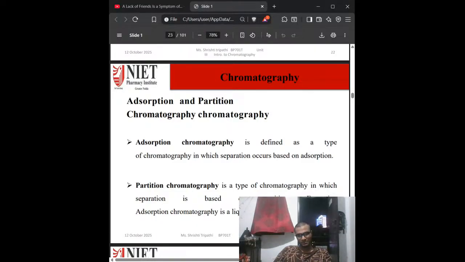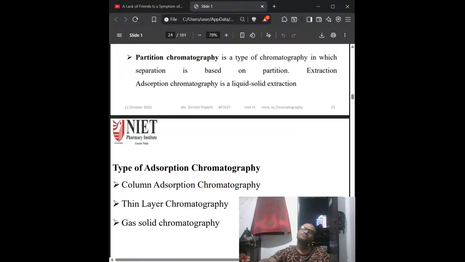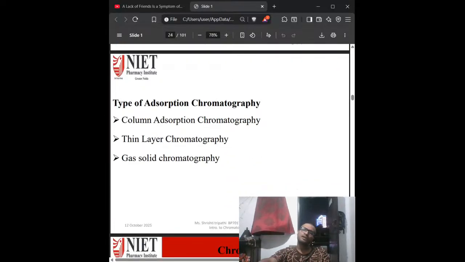Types of adsorption chromatography: column adsorption chromatography, thin layer chromatography, and gas solid chromatography. That makes sense.